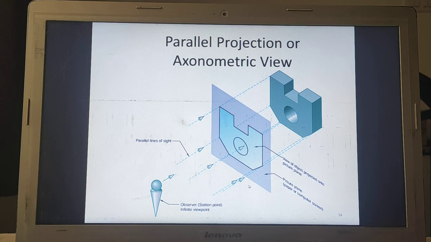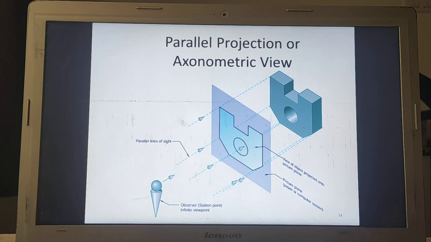Even if we shift the distance of this plane of projection, there will not be any change in the dimensions of this projection. So the shadow will remain as it is, its dimensions are not going to change. This is the outcome of a parallel projection or an axonometric view. Because of this only, it is being followed in our engineering.